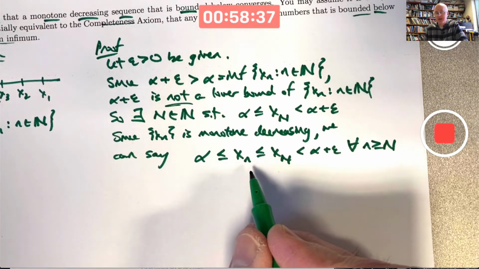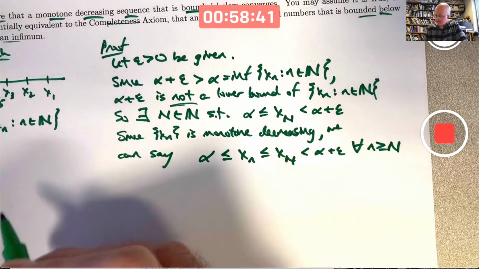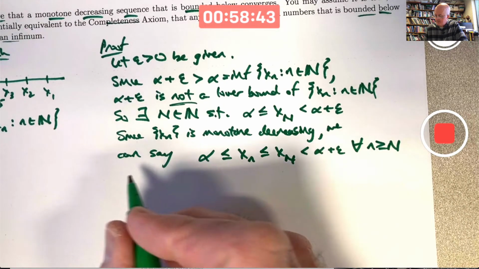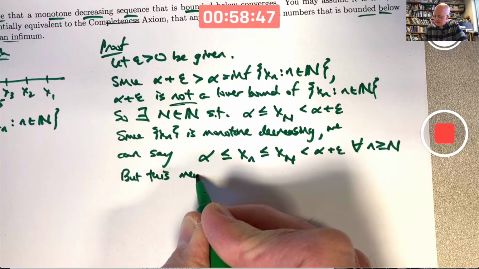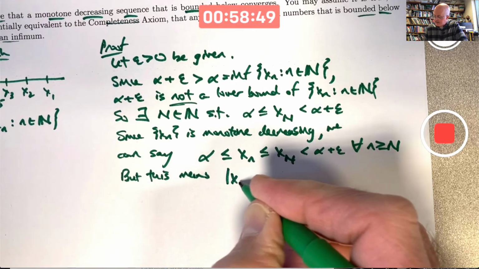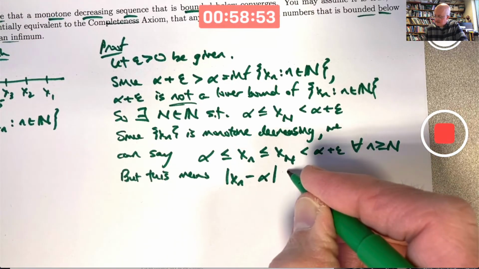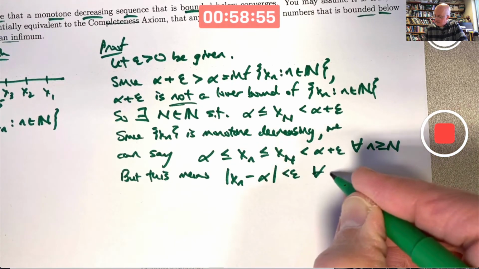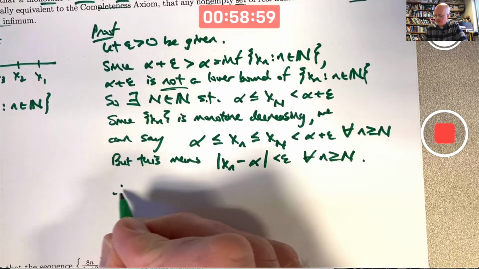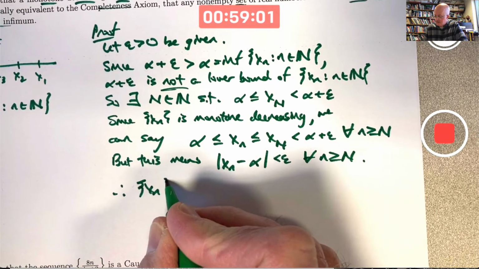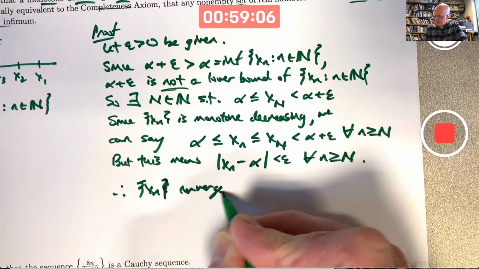X sub capital N plus 1 would satisfy this, x sub capital N plus 2 would satisfy this, etc. But this means that the distance between xn and alpha is less than epsilon for all little n greater than or equal to capital N, and that does it. That means, therefore, the sequence converges to alpha.